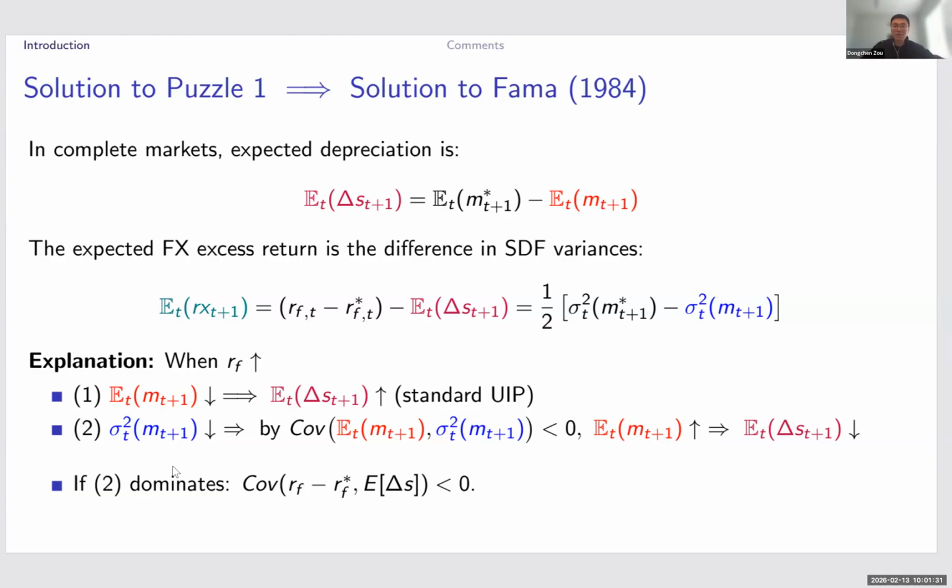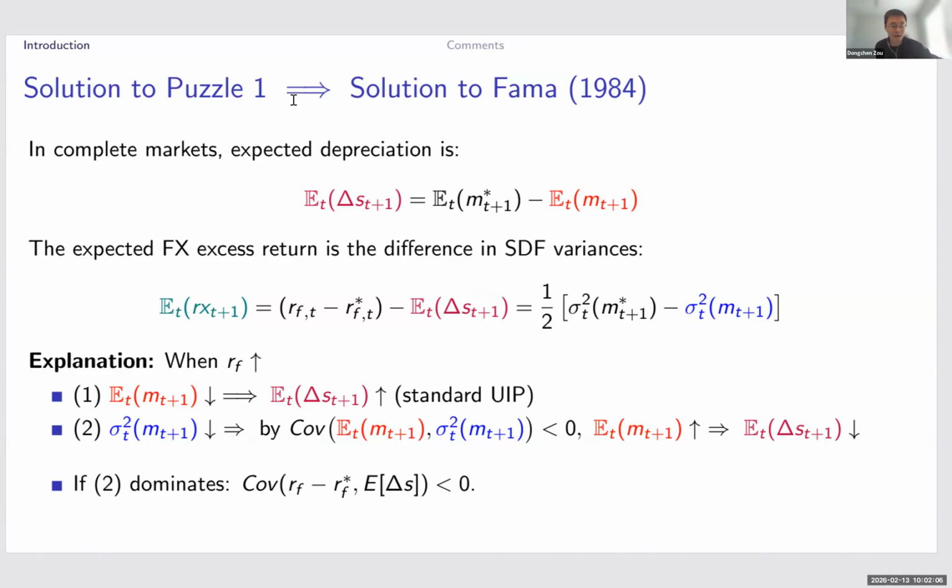If we just have this mean term, we cannot do it, because whenever the risk-free rate rises, if it is associated with a drop in my average intertemporal marginal rate of substitution, then it's good news that always makes consumption more abundant in the domestic country, and that pushes down the domestic currency because I have more money to consume.